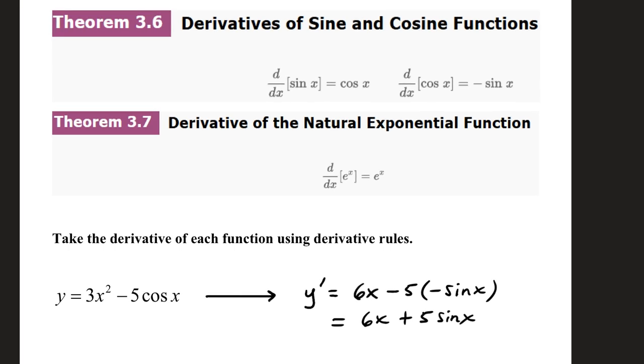The derivatives of sine and cosine, and the derivative of the natural exponent function e to the x. Derivative of sine equals cosine. Derivative of cosine equals negative sine. You'll have to watch that sign change.